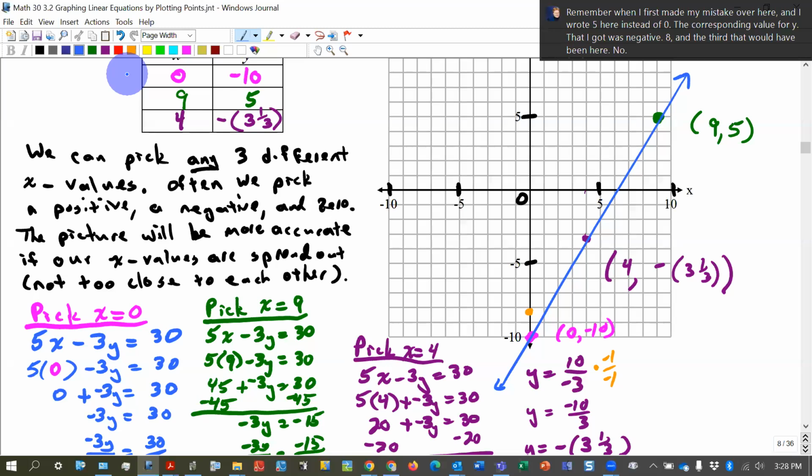Notice that if I try to draw a straight line from this orange point to my green one, if I draw that line, it completely misses this point. And that would tell me that I made a mistake somewhere. Right? When I had 0, -8 1/3.